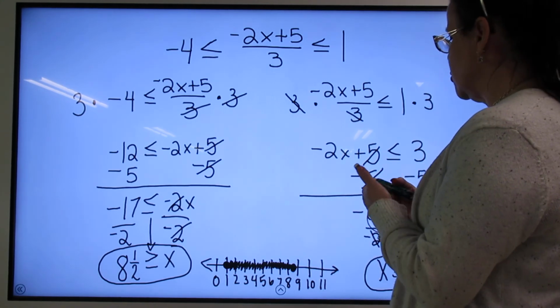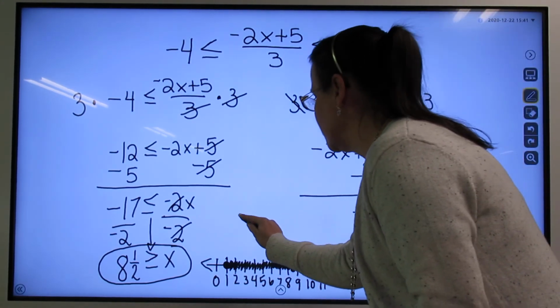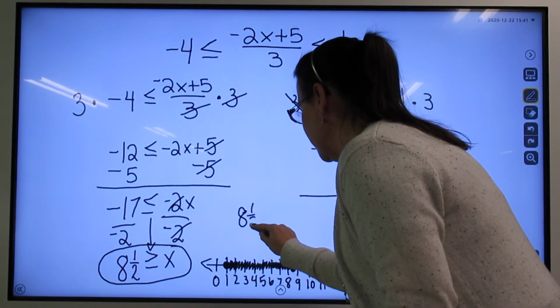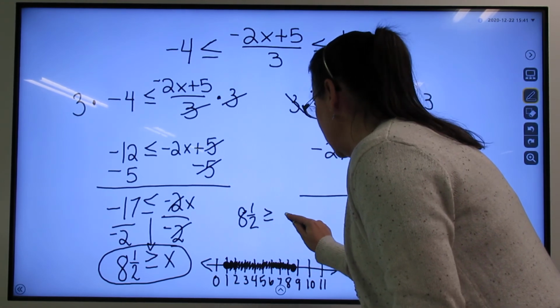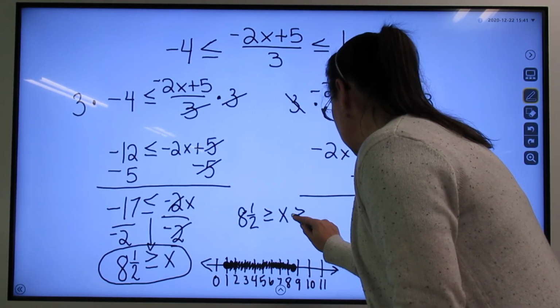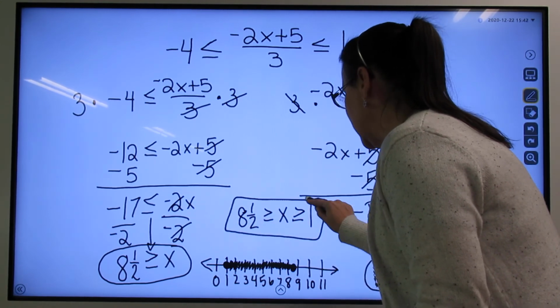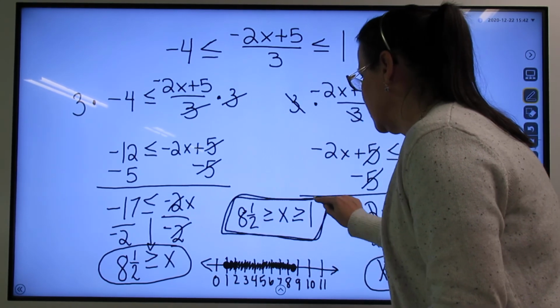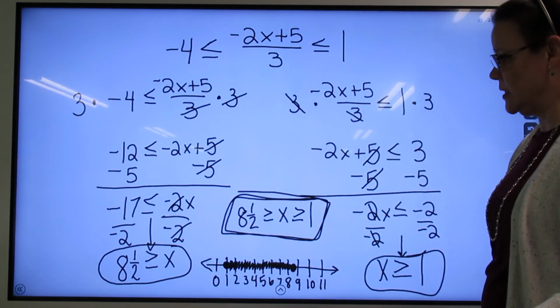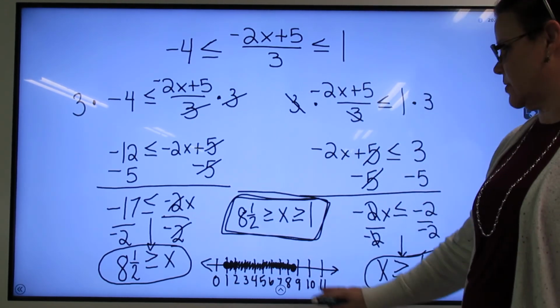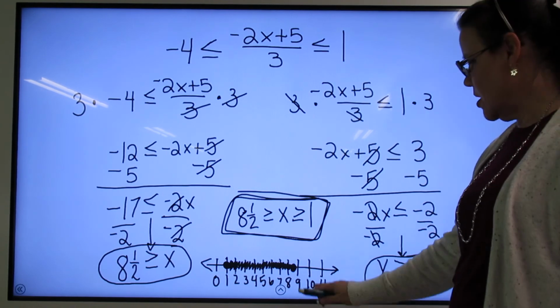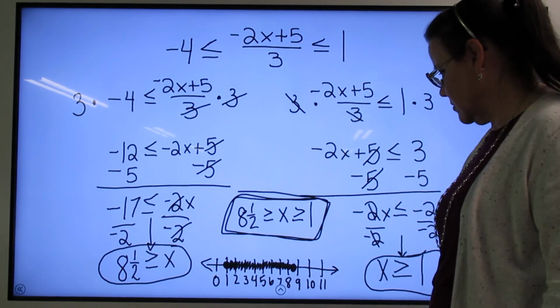Now what I would need to do is at some point I might have to write 8.5 greater than equal to x. X is greater than equal to 1. When you bring them together, that's the answer you would be looking for. If you had a multiple choice test and then you had options to choose from, you would choose that for that answer, or you could choose that graph for that answer.